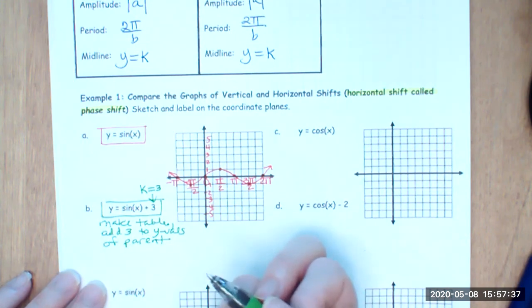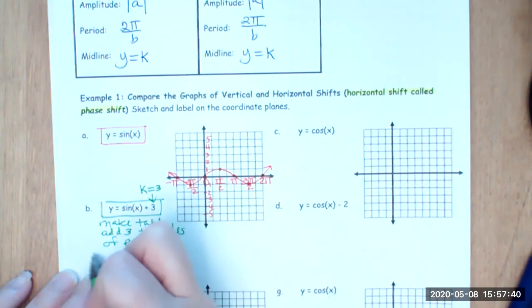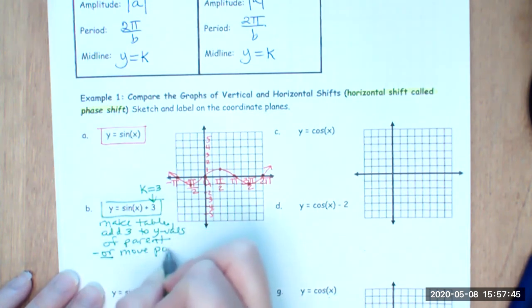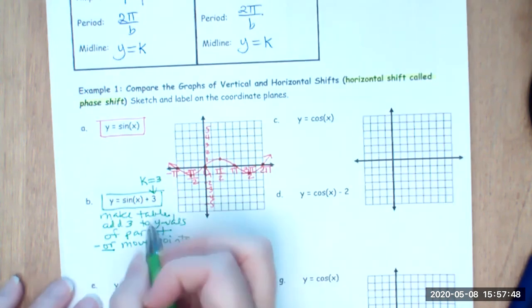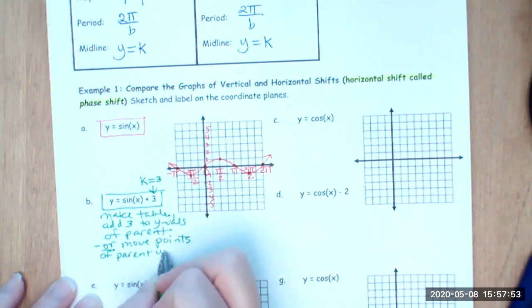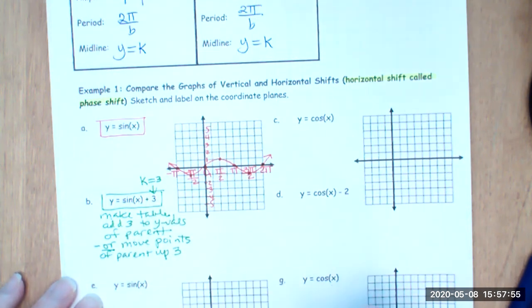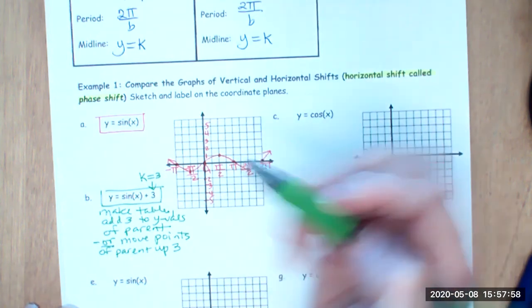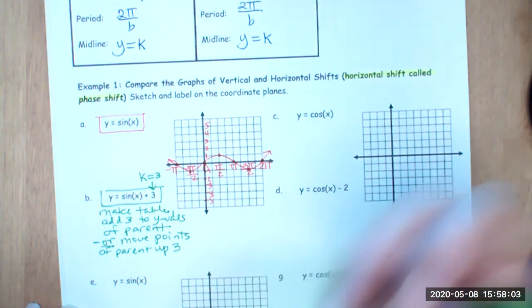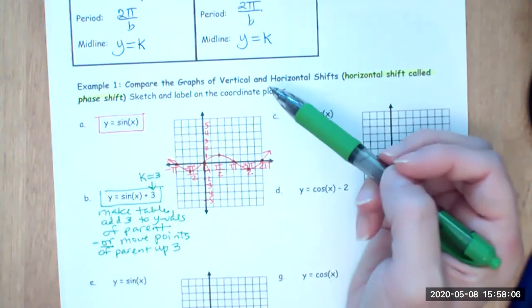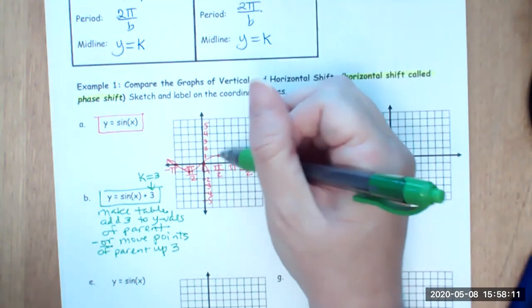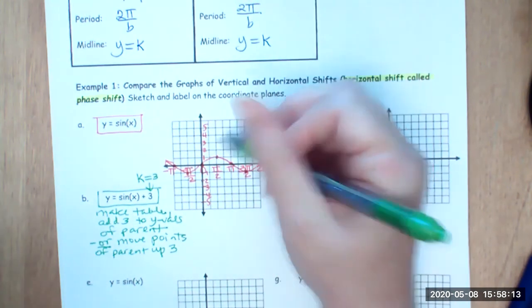But a simpler way to do it is to simply move points of the parent up 3. That's the simplest way to do it here. As long as there's no horizontal stretch or vertical stretch or shrink, it's quite simple. Basically, all we need to do is move every point up 3.